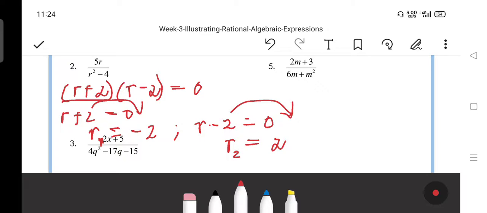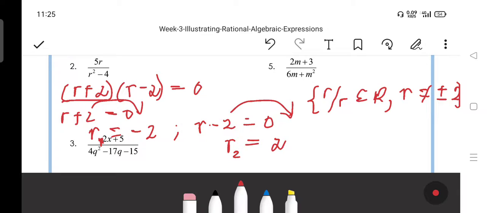So we have the set of r such that r is any element of real numbers provided that r should not be equal to positive, okay, we can use the double sign, positive negative 2. And then close braces.